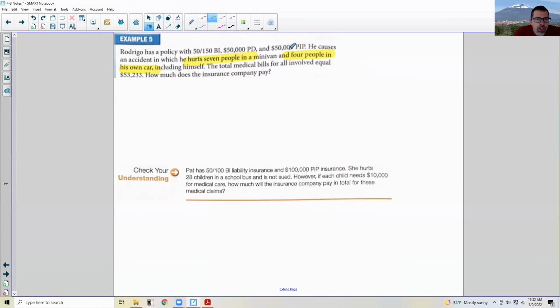Well, he's going to be covered by this PIP, which has a limit of $50,000 per person per accident. Since this is $53,233, the only way that this would not pay everything is if one person had major injuries and had to pay $50,000 or more, and the other 10 people's injuries came to less than $3,233, which isn't likely.